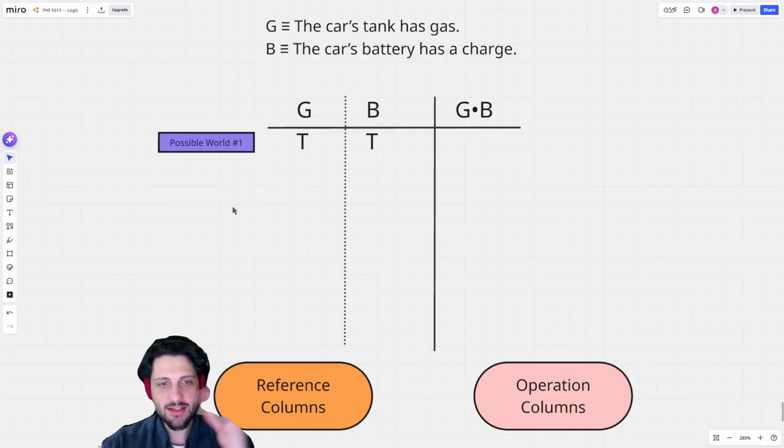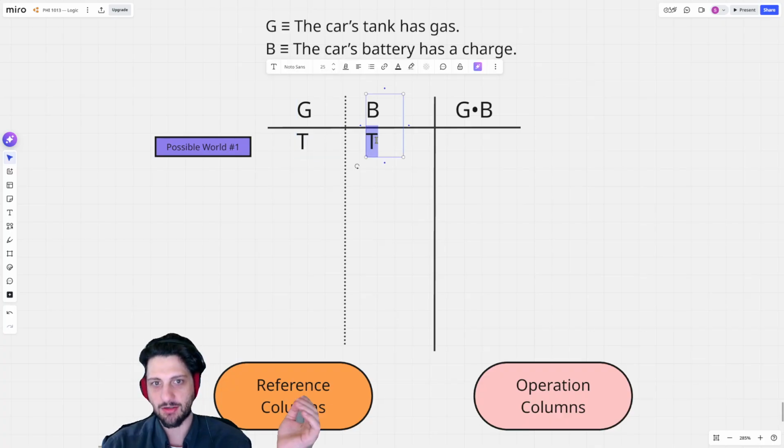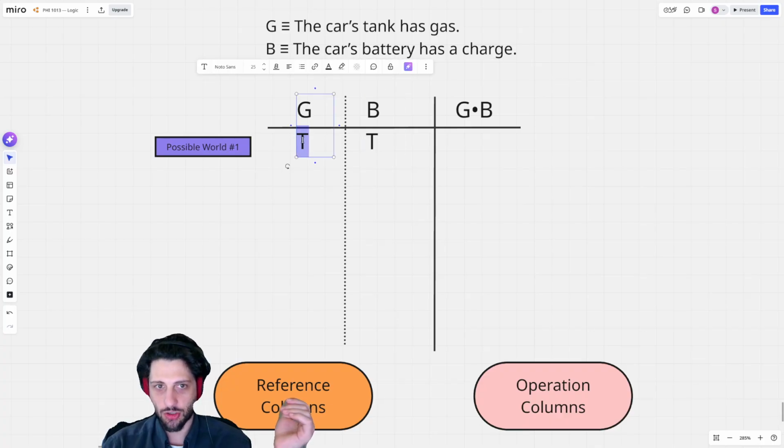This row here is the world where the car has gas and the battery has a charge, where both of these statements are true. That's what we mean by T here, right? We're just saying it's true that the car has gas, and it's true that the battery has a charge.